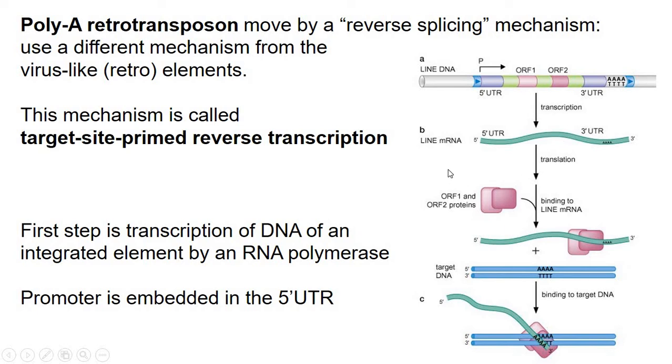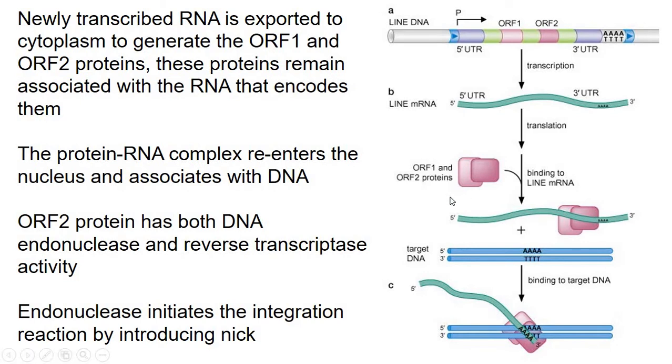The mRNA goes out to the cytoplasm, is translated, makes these proteins, which then bind again to the same RNA molecule that made those proteins. This mRNA molecule along with these proteins will come back to the nucleus. Okay, once this comes back to the nucleus, then the endonuclease will initiate the integration reaction by introducing nicks.